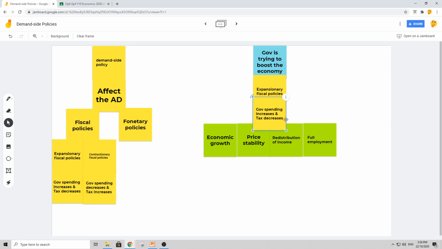What kind of government spending would you use, and what kind of taxes would you decrease in order to create economic growth? Okay, salary tax decrease. Okay, increase subsidies. Oh, that's very good. Anything else? Okay, decrease profit tax. Okay, that's very good.